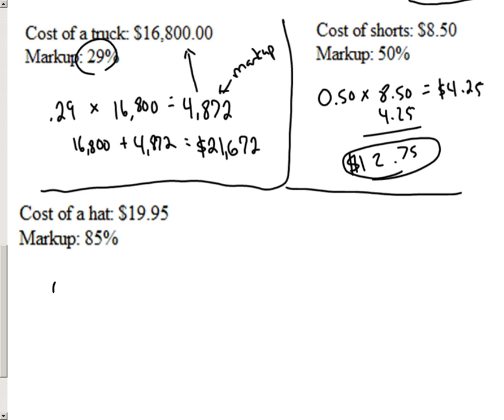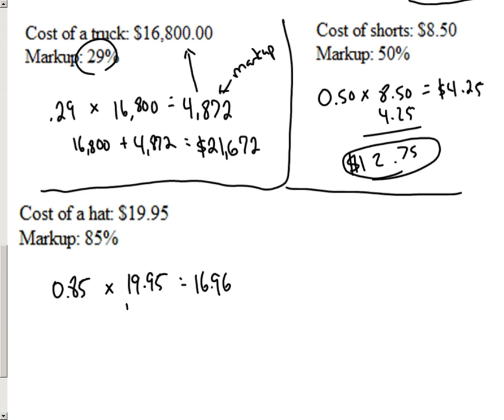And right here we go, 0.85 representing 85% times $19.95. I'm guessing $17 or $18. Let's see. $16.96 is what that rounds to the nearest penny. $16.96.